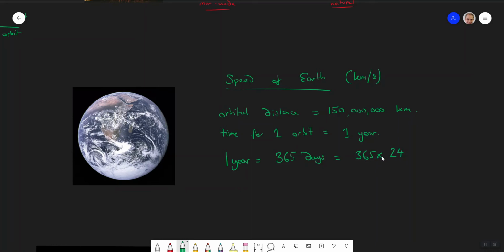If I multiply that, I would get the number of hours. If I want to go into minutes, I have to multiply by 60. So 365 times 24 for the number of hours times 60 minutes. And then I want to go to seconds, so I have to multiply in, so 365 times 24 times 60 times 60 seconds. Okay, this is going to be a big number.